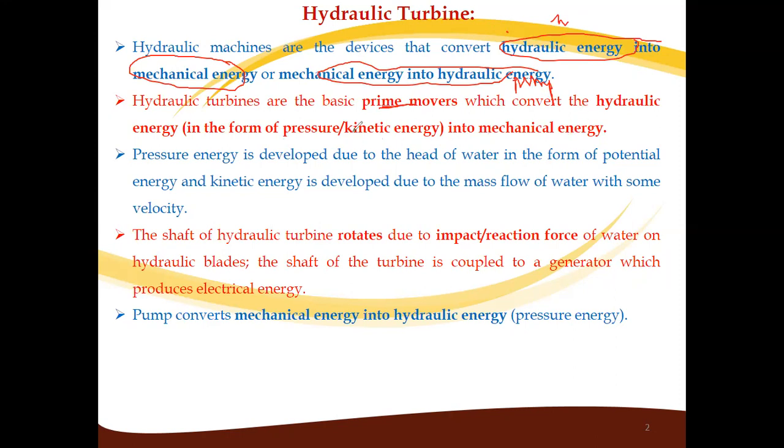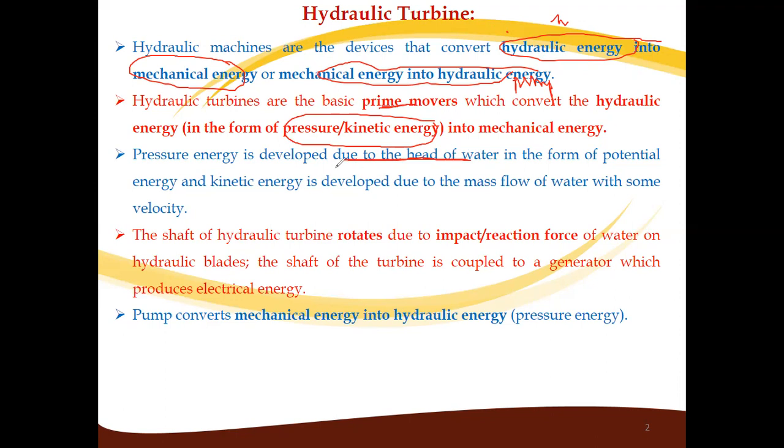So hydraulic energy is in the form of either pressure energy or kinetic energy. The pressure energy is developed due to the head of water in case of hydroelectric power plant. So the water is stored in the dam at higher level or at high head.